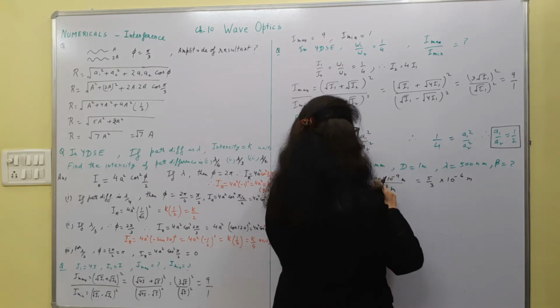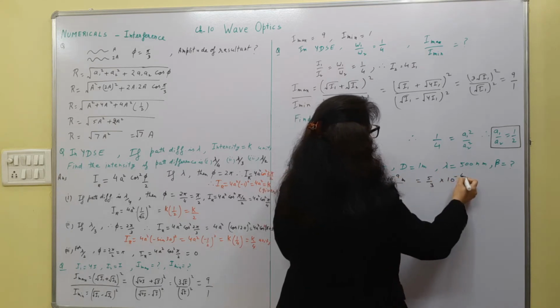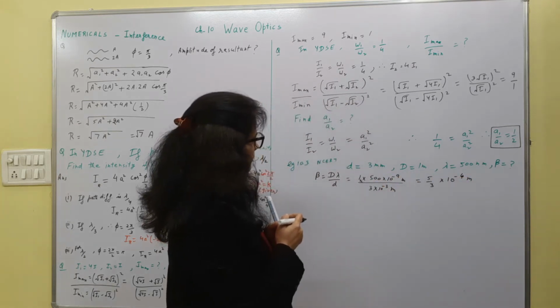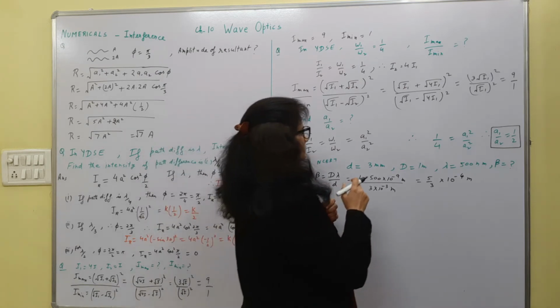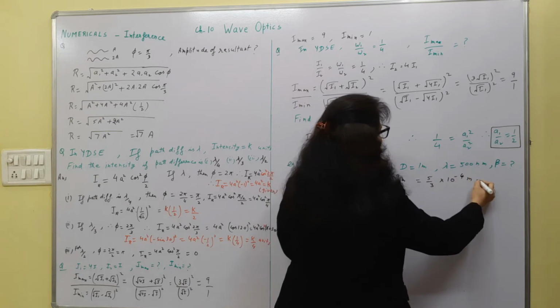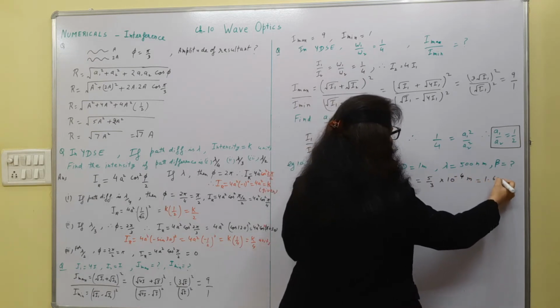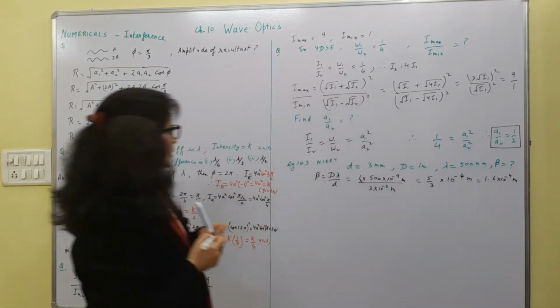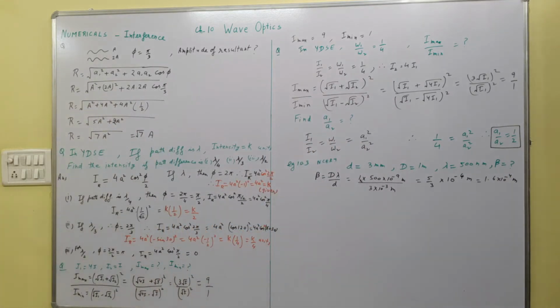Minus 6 plus 2, that is minus 4. This is equal to 1.6 into 10 to the minus 4 meter. We can take another question.